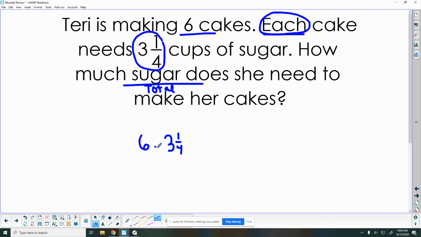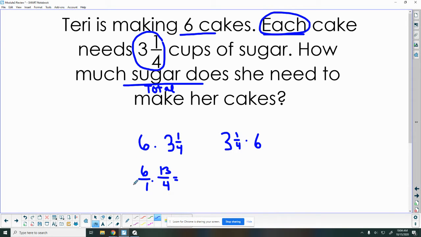You could have also written 3 1/4 times 6, and it would get you the same answer. So pause and see if you can finish this problem by making 3 1/4 and 6 improper. So 6 over 1 times 3 times 4 is 12, plus 1 is 13 over 4. And I keep them just like this.